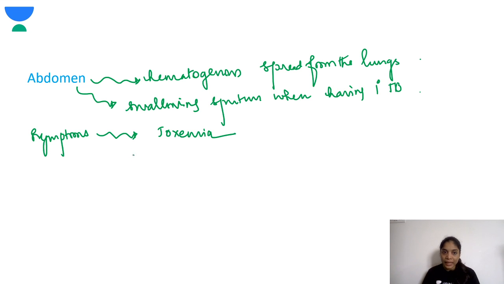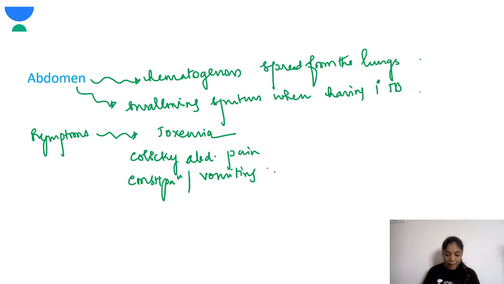There could be colicky abdominal pain, constipation, and vomiting. When you feel the abdomen, it has a doughy feel, the same feeling as when you touch dough that you make.